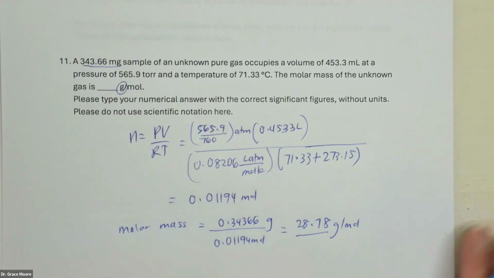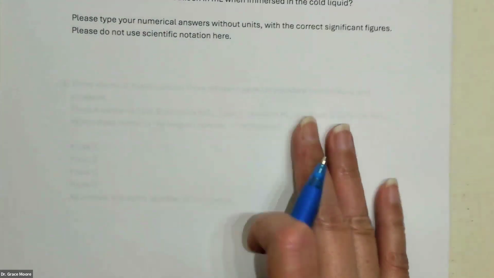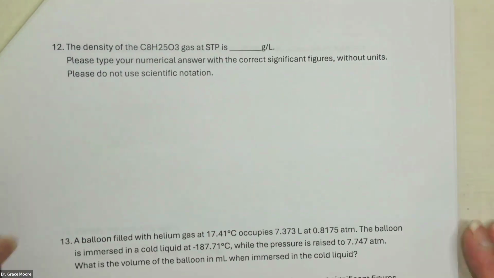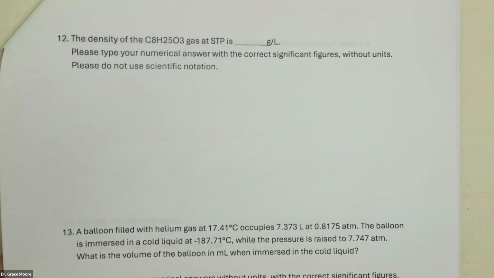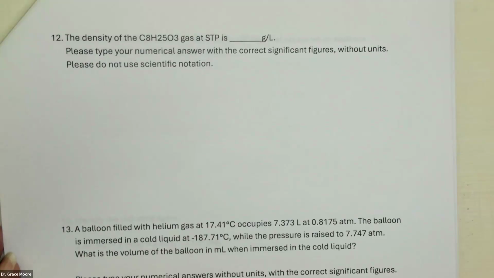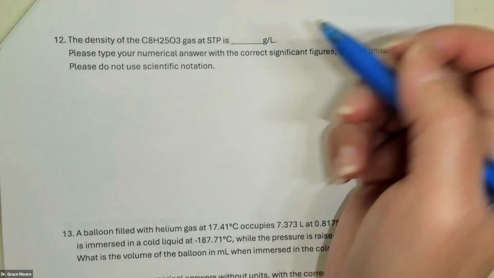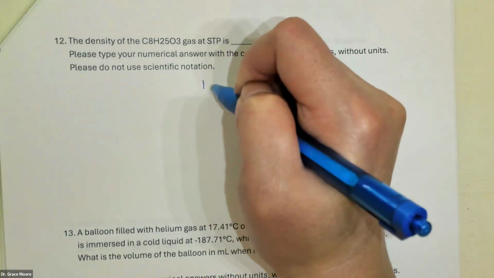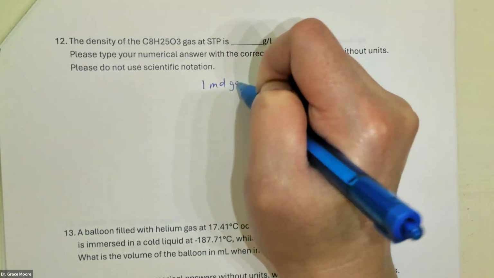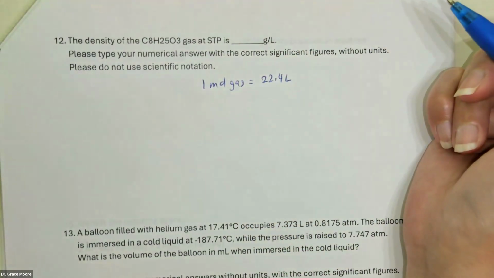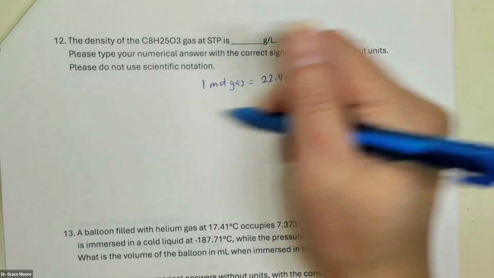All right, let's do the next question, number 12. Number 12 is asking for you to do the density of a gas. So for density of gas, STP is easier, and then there's the regular one, non-STP. For STP, you just have to remember 1 mole of gas is 22.4 liters.